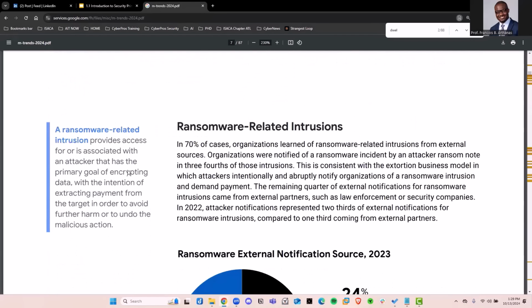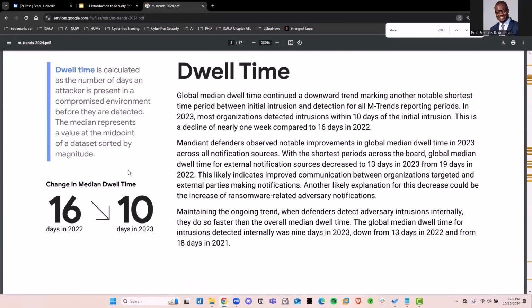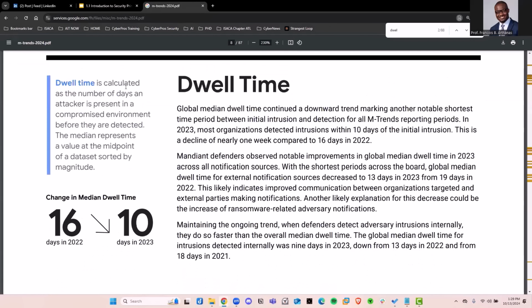A few years ago, it used to be months, literally months. But there we go, this is what I was looking for. The 2024 version of this research tells us 16 days back in 2022, and now it's down to 10 days. This is how long the bad guys are in our environment before we detect them, before we know that they're there in the first place.